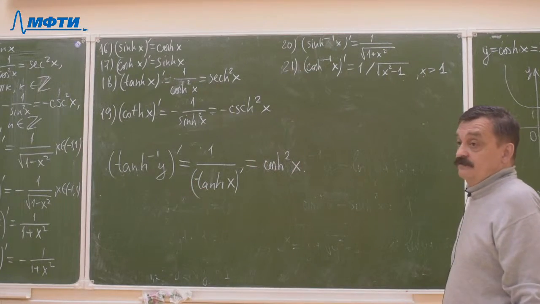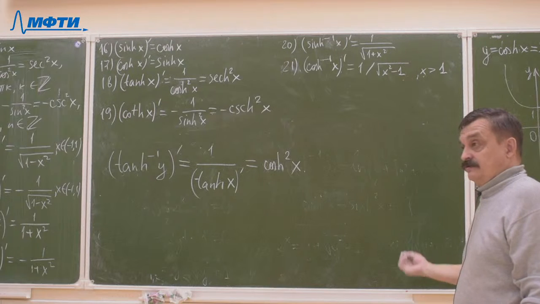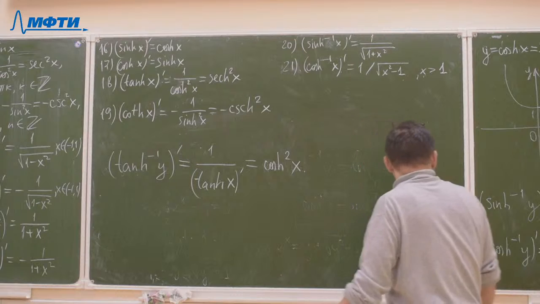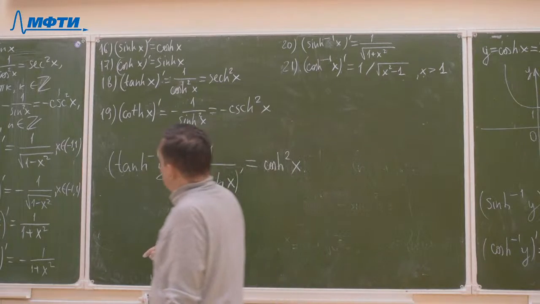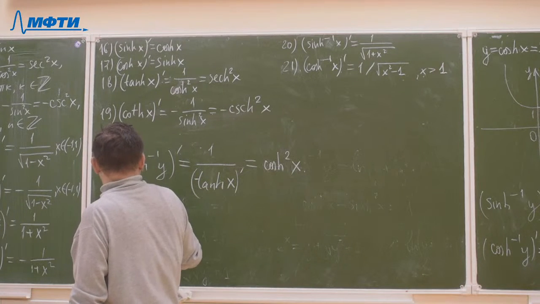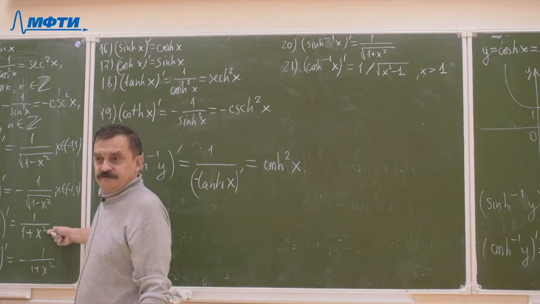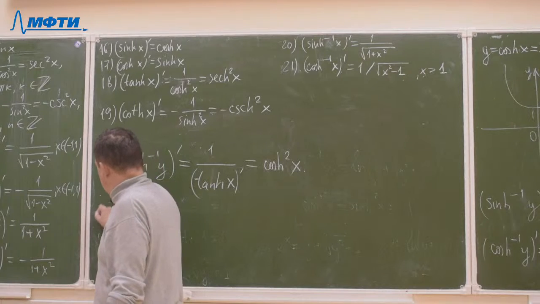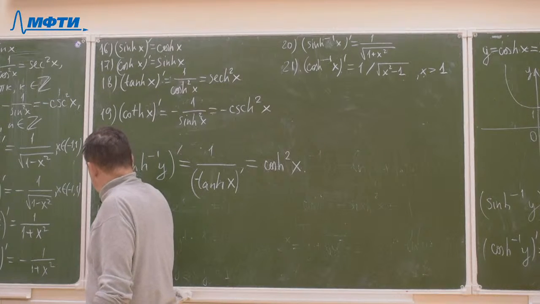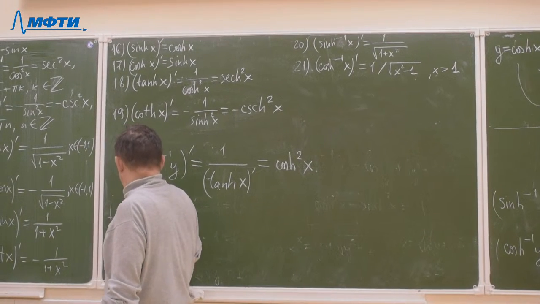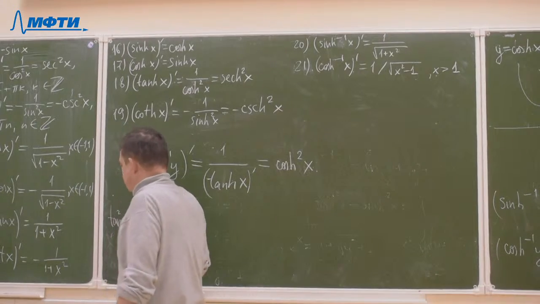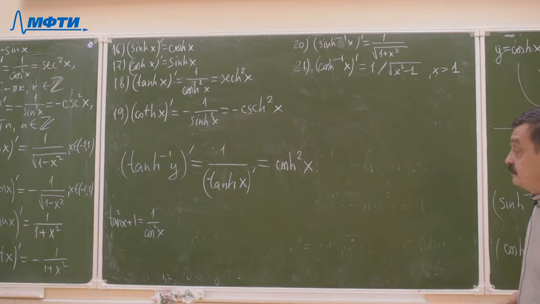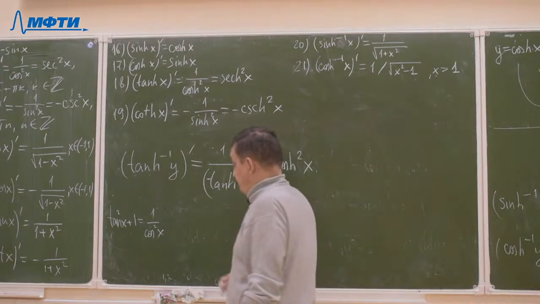So we should find an analog of a trigonometric identity. Recall how we computed arctan. We chose the identity tan squared x plus 1 is 1 over cosine squared x, right? So what is it for tan hyperbolic?